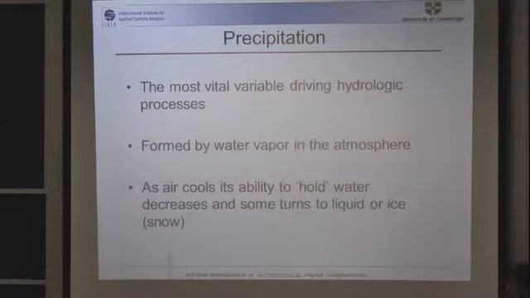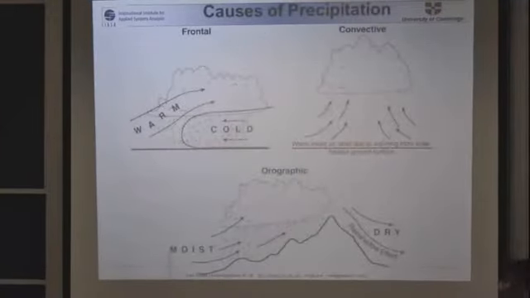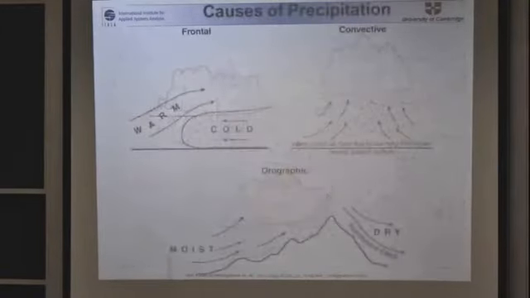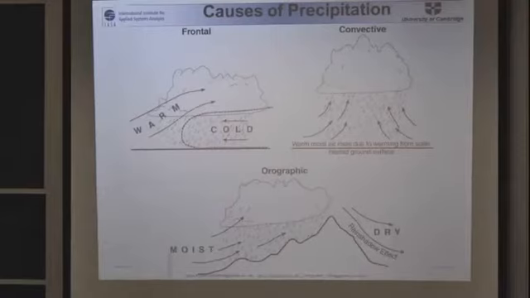If we look at precipitation, it can be produced by different causes. It could be frontal precipitation, which is produced by warm and cold masses of air. It can also be convective precipitation, when the surface of the ground produces more evaporation due to heat from the sun.